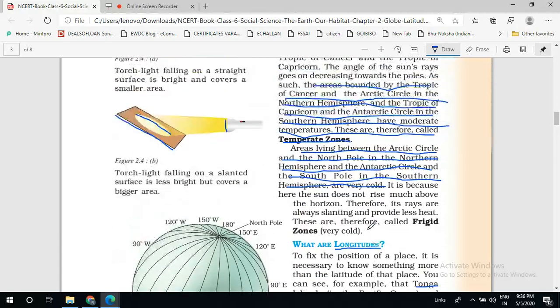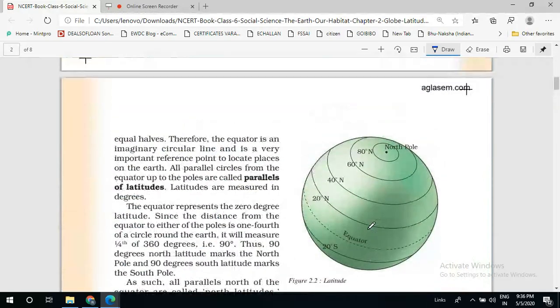I can explain this by showing you. You can see here, this is 20 degrees south. We are seeing only one part of the earth. It is a two-dimensional picture, but the earth is a three-dimensional thing.